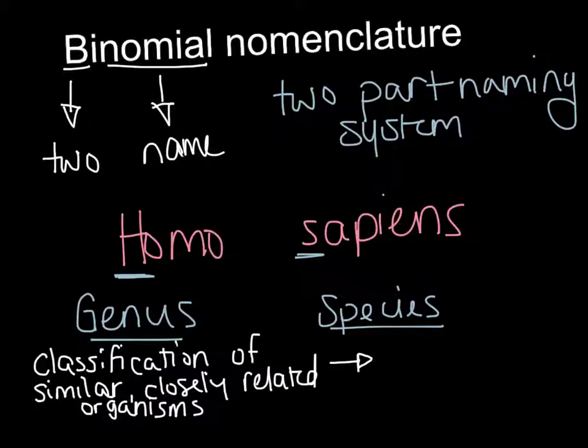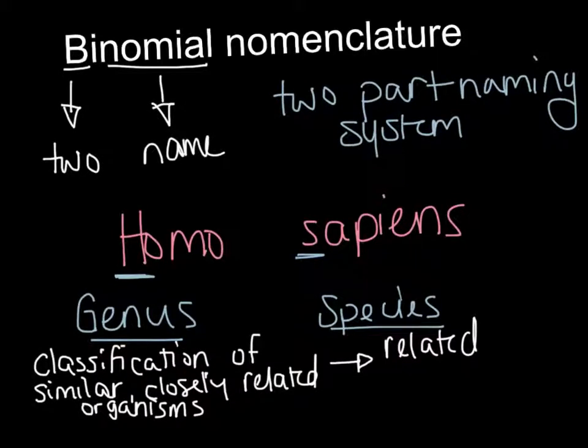Okay, so under species, what you really want to add in there is related. Actually, I'm not going to use the word related, because that's a really bad word when we talk about this. I was trying to erase it. It wouldn't erase.